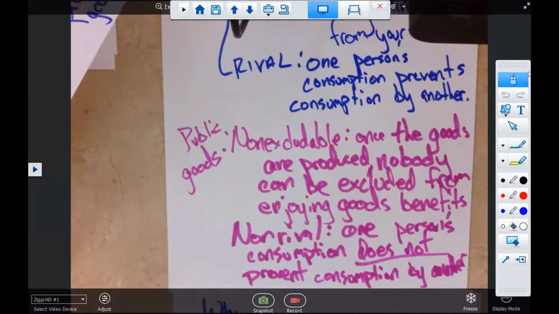School is a public good. A big one's national defense. But also, clean air.